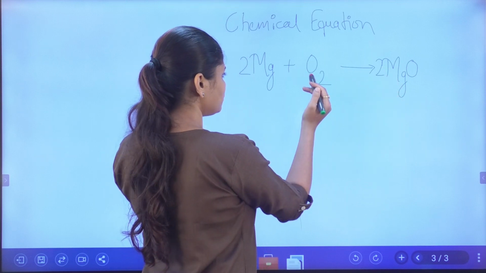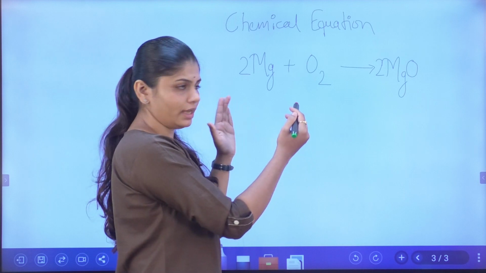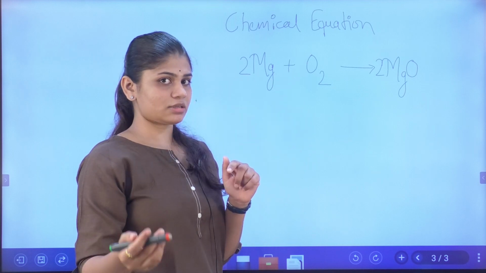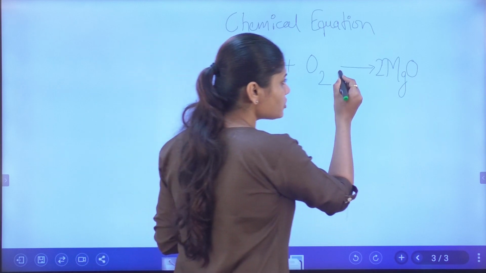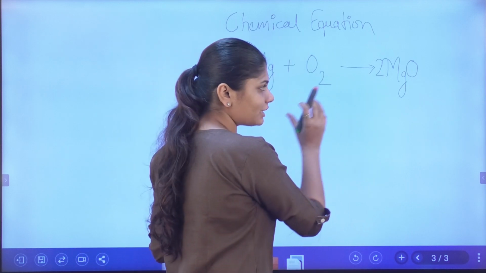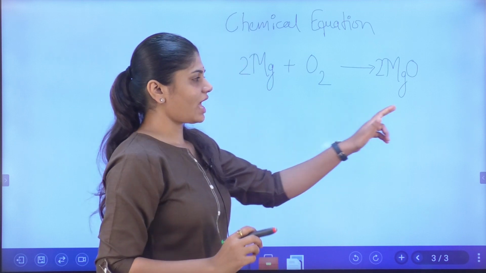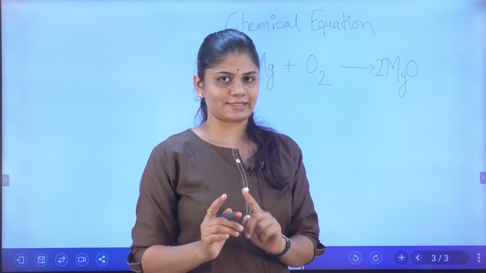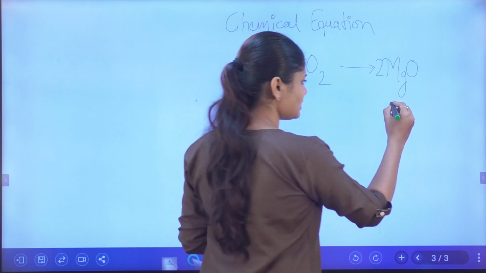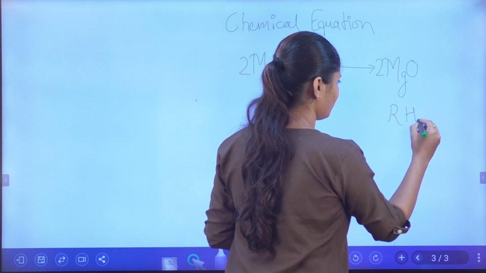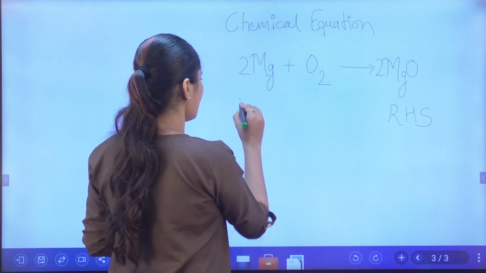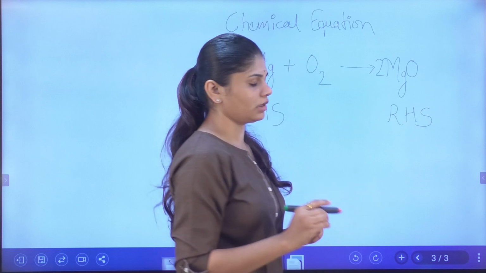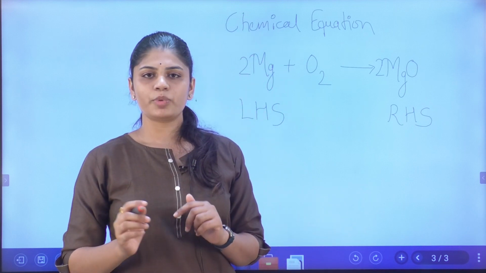We have to write the reactants on the left hand side, which I have already discussed with you. We have to put the arrow between the reactants and the products, and we have to write the products on the right hand side. So just keep this in mind. This is RHS, the right hand side. This is LHS, the left hand side, and we need to put the arrow between the reactants and the products.